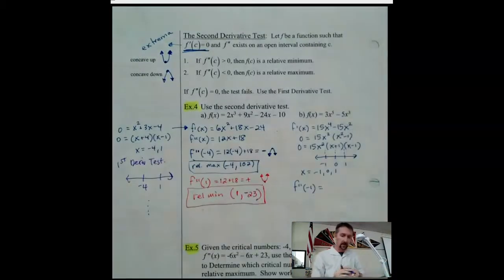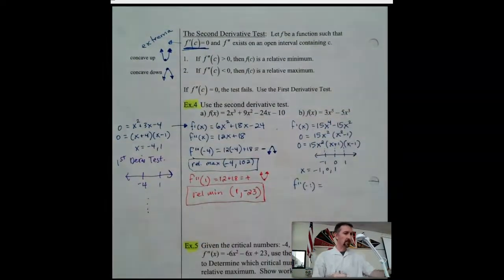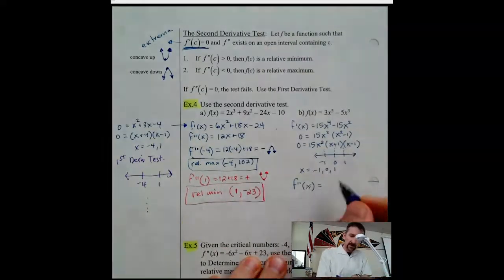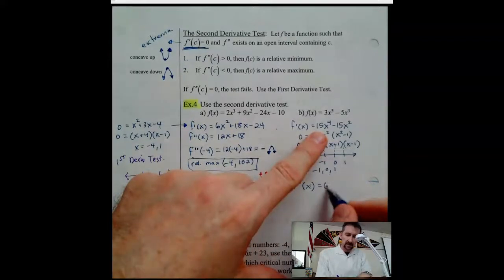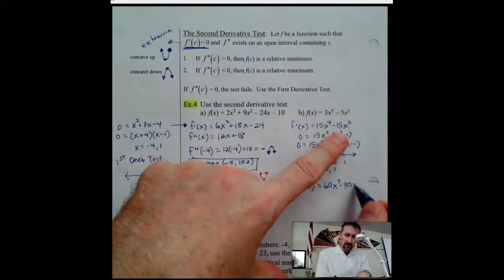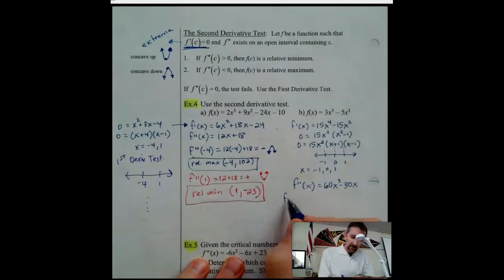Okay, so that's what we need to do first. So the second derivative is going to be 60x cubed minus 30x. Alright, now we're going to plug in the numbers into the second derivative.